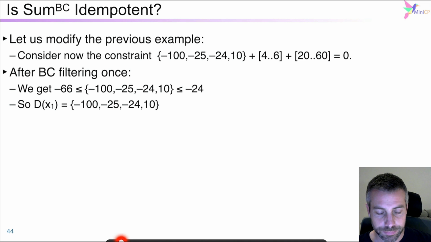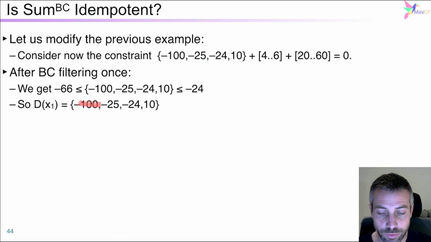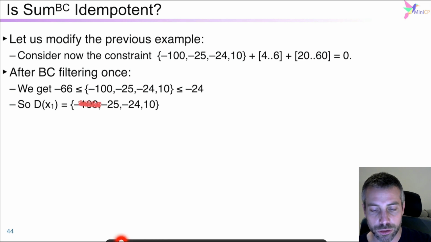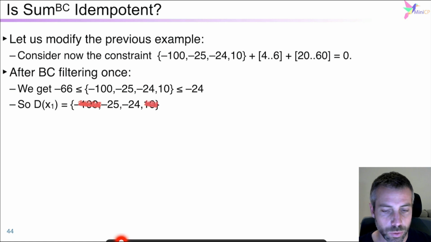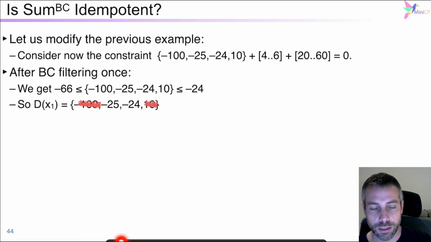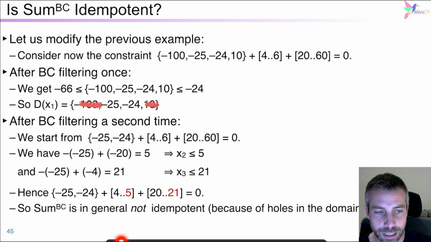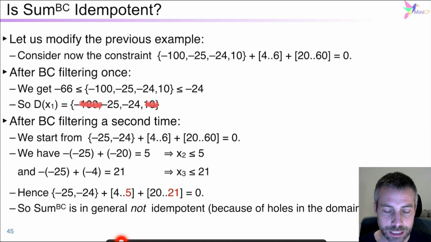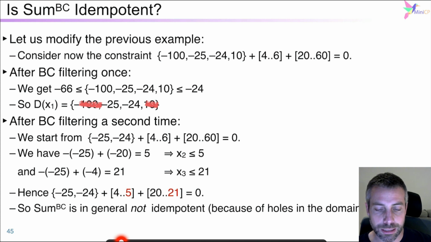But if we do that, it means that minus 100 and 10 will be removed from the domain. The consequence is that by applying again the same bound consistent filtering, we will discover additional filtering on x2 and x3 now. It means that the sum constraint is not idempotent.